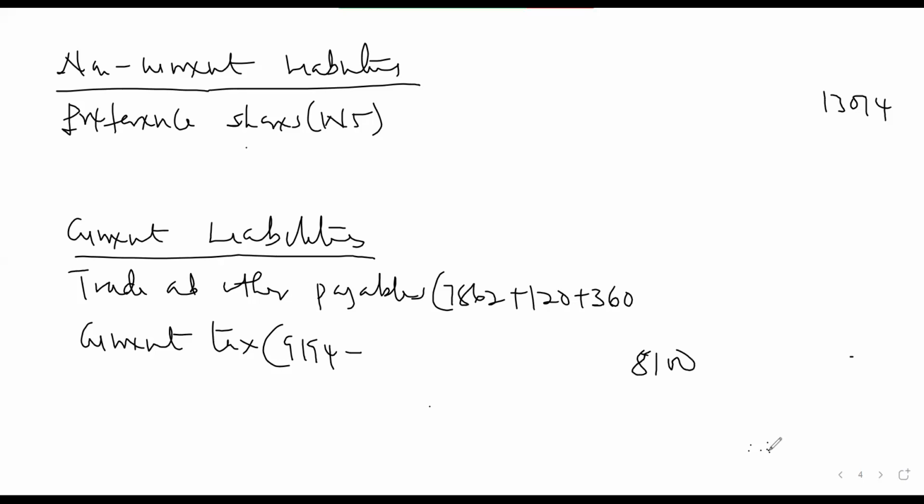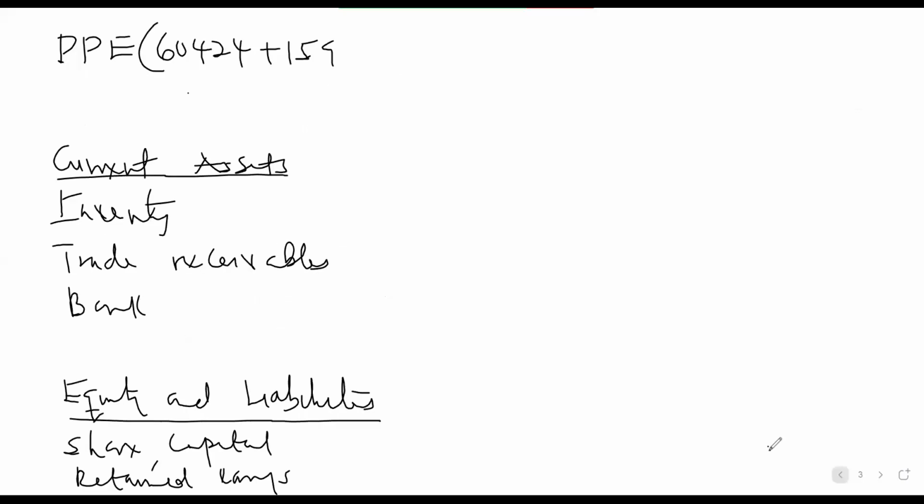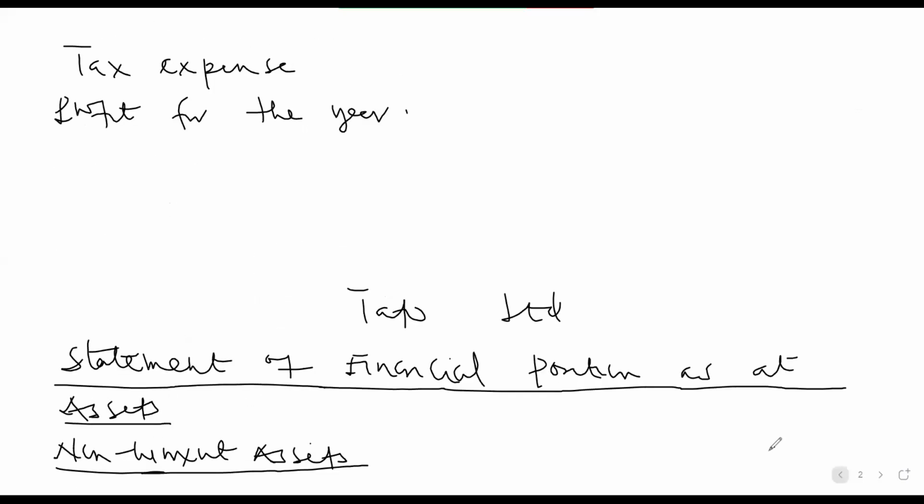There's no problem with that. Please, I hope we are following. So I can subtract 1,094 over here. If I go to statement of profit or loss, I'll have 8,100 as my current tax. So the 9,400 will be taken away.